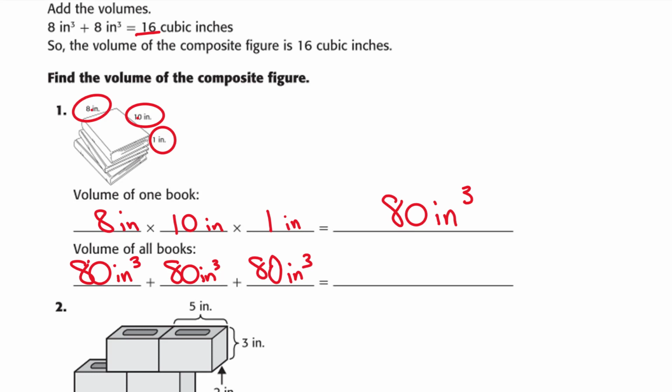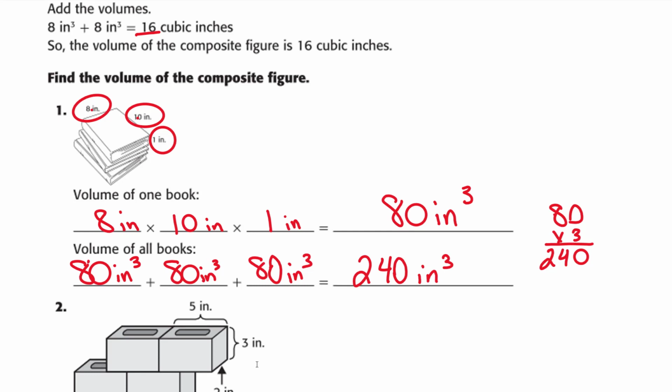Now I'm going to come over here and say 80 times 3 because I'm a lazy stinker and I am not going to add 80 plus 80 plus 80. And if you already know what it is, so do we. It is 240 inches cubed because we are adding 3 different lengths.